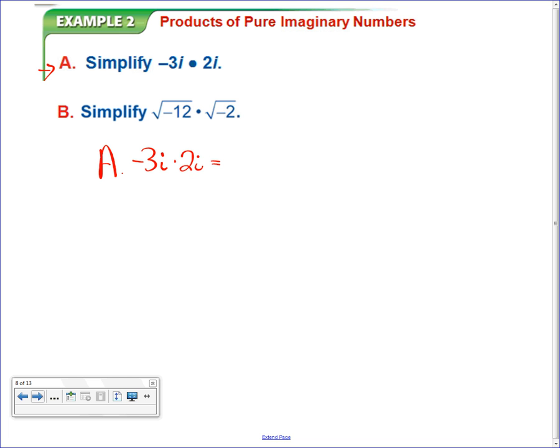Okay, so I've got -3 times 2 and i squared. Treat i like a variable until you're ready to simplify it. Now, -3 times 2 is -6. i squared is -1. -6 times -1 is 6. There's your answer right there.